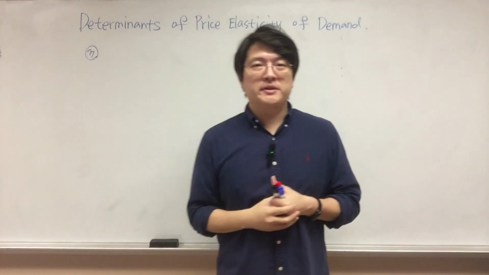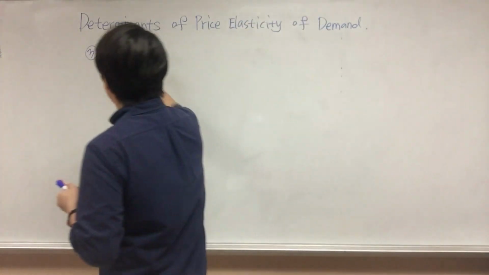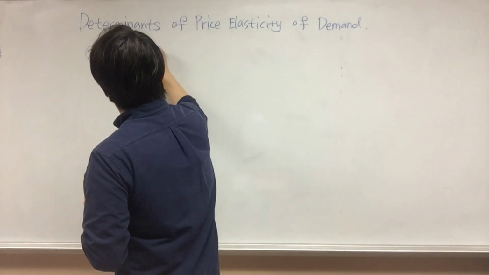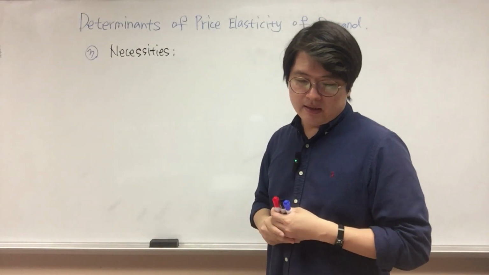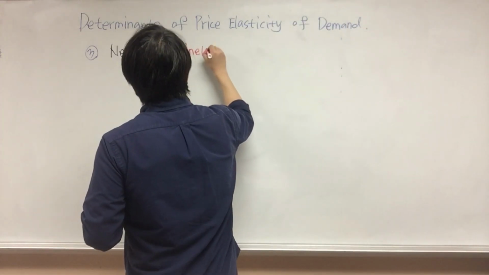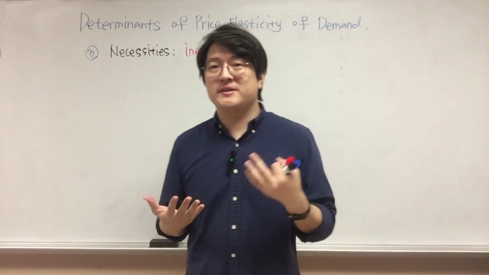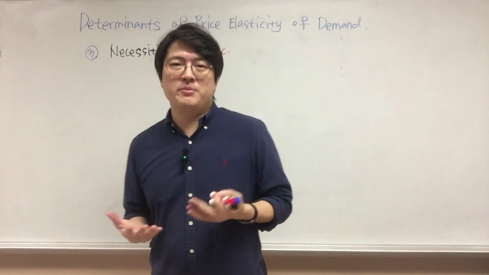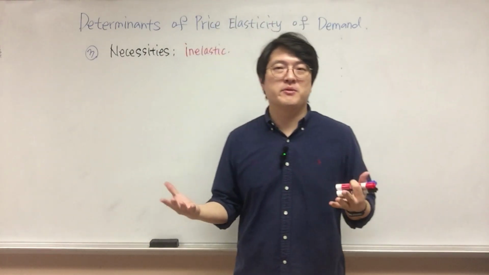Okay, so the third one is necessities of the product. So, necessities. In the case of necessities, usually it is inelastic. Necessities refers to the products that are difficult to replace in our life. So for example, we often eat eggs, right? Rice, pasta, fruits, vegetables, and so on.